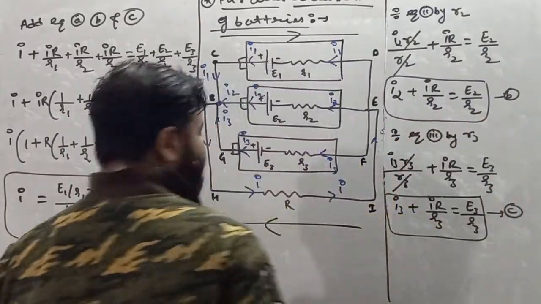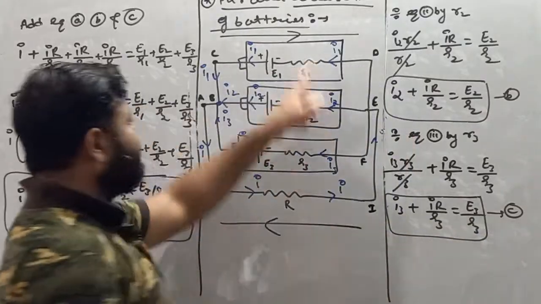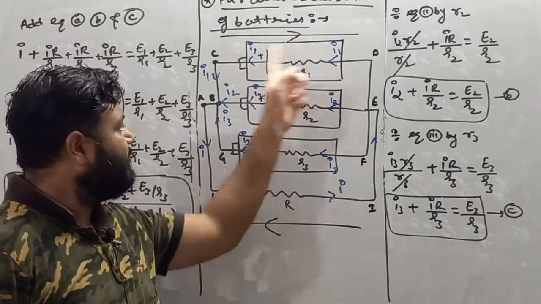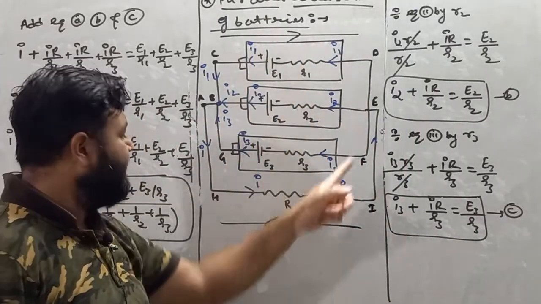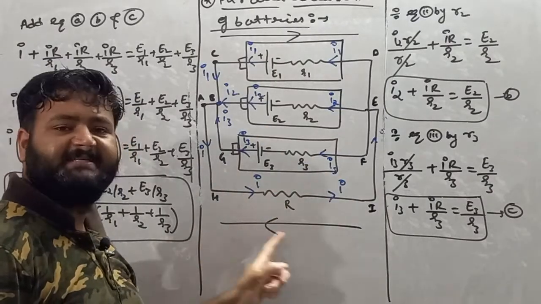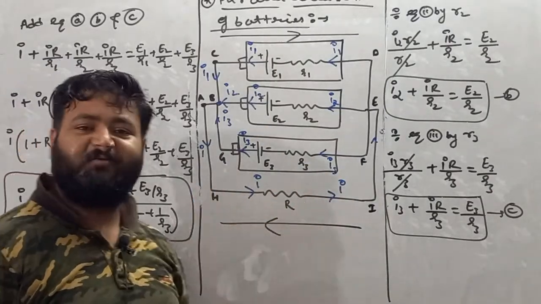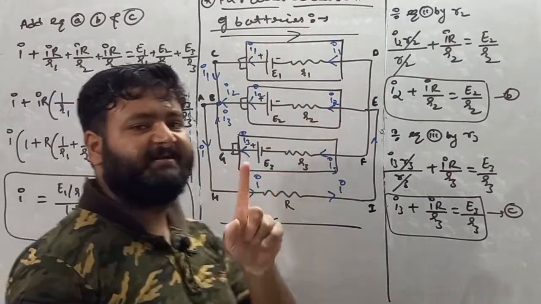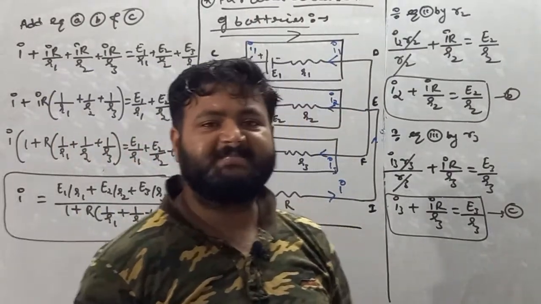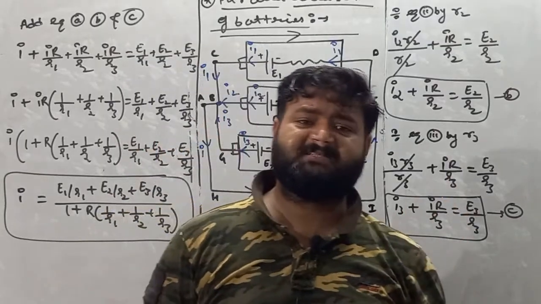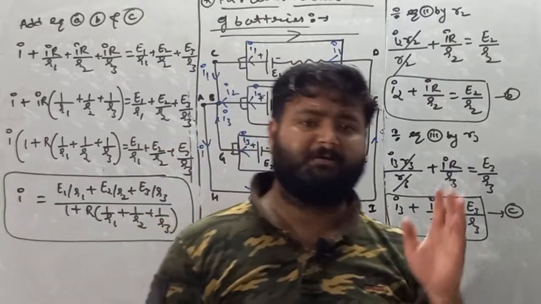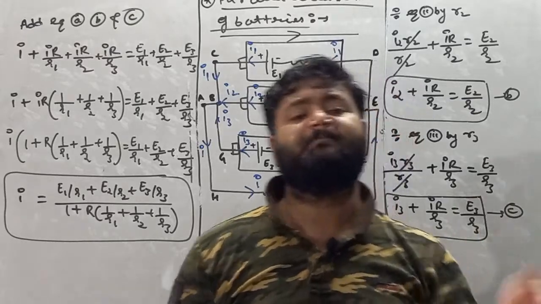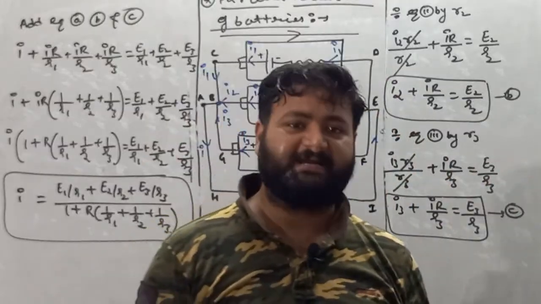Now what we'll do, see, all three batteries can combine and give I current to this external resistor. Now what we have to do, we'll replace all the three batteries with a single battery. I'm repeating once again, dear student. See, the process is the same as what we perform in combination of resistors, what we perform in series combination of batteries itself.